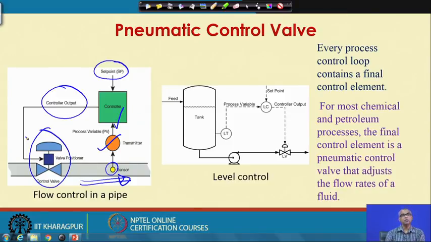Accordingly, the pneumatic control valve, which is nothing but a variable flow resistance, increases or decreases the resistance, thereby changing the flow rate through the pipe. Since this is a pneumatic control valve, the controller output is nothing but a pneumatic signal. That means, it is a pressure signal.